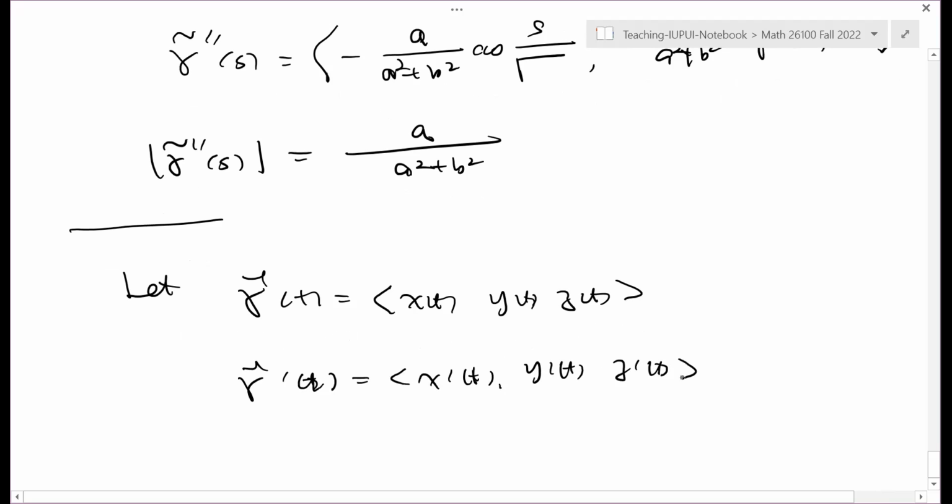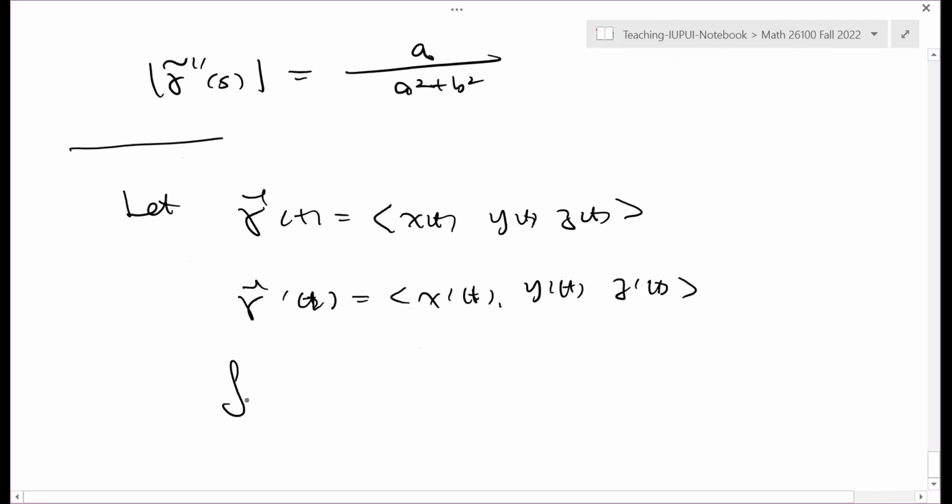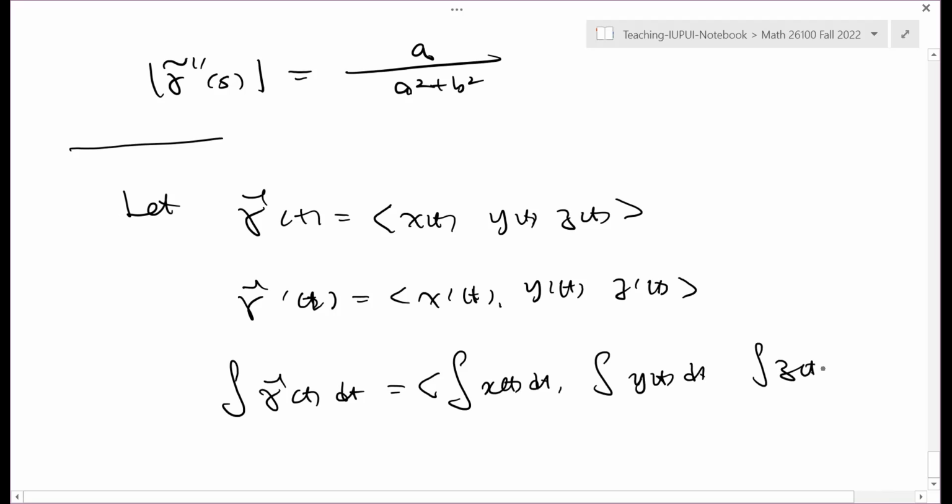But you can also look at the integral. The integral is also a vector, but you just evaluate the integral for each component. Okay, that's our definition.